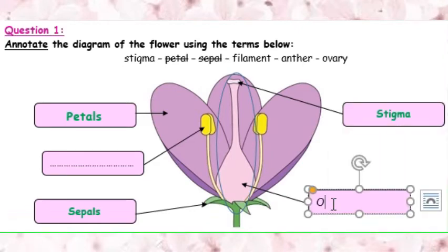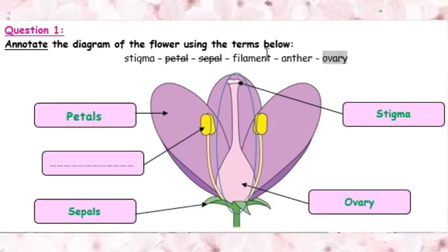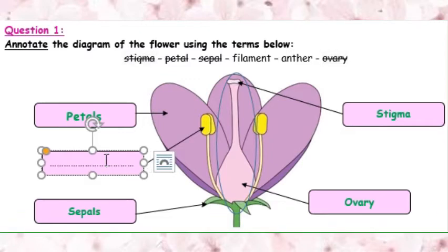This is the ovary. The ovary contains the ovules that will become seeds after meeting the pollen grains. Let me cross these two. I used them. I still have 2 words, filament and anther.